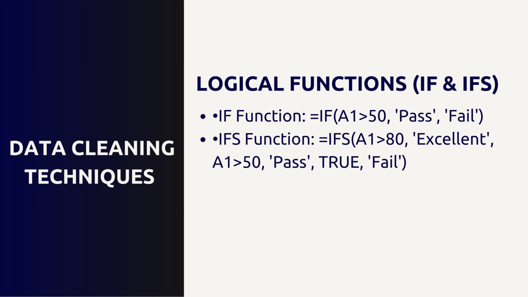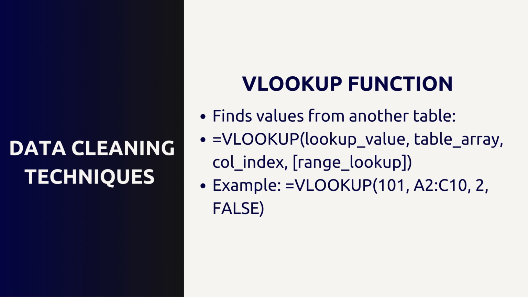I also have my VLOOKUP here. When I have my data set, you just say equals VLOOKUP, lookup value, comma, the table array, column index, and range lookup. Look at this example in my slide. Equals VLOOKUP, open bracket. My cell value is the existing cell.